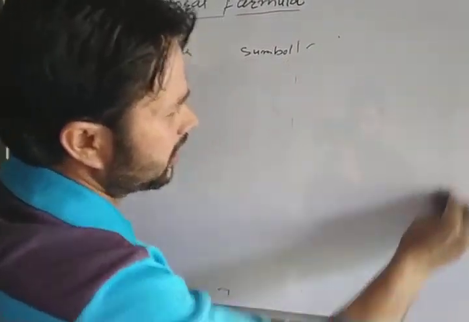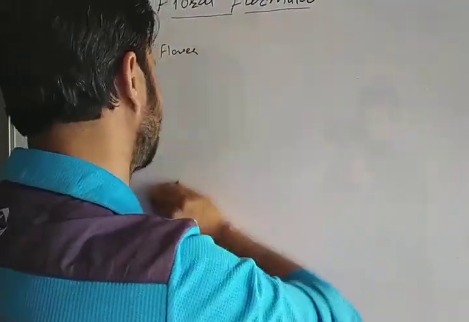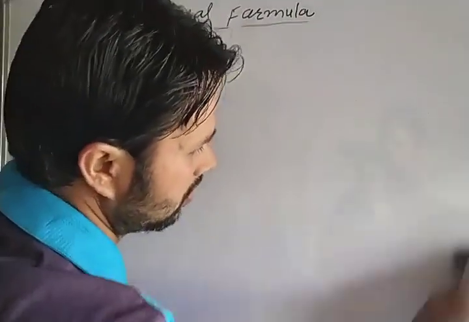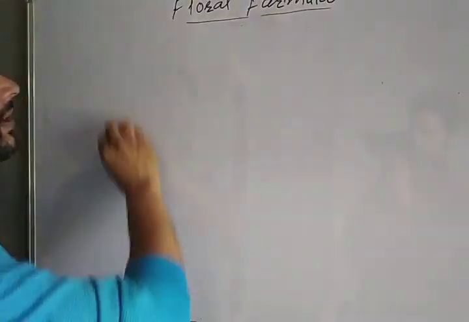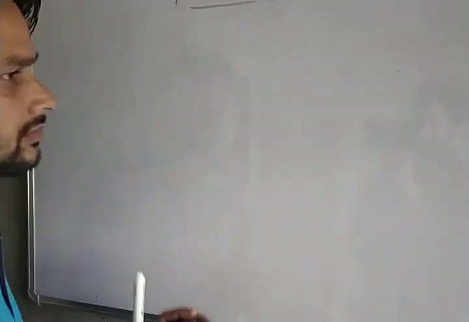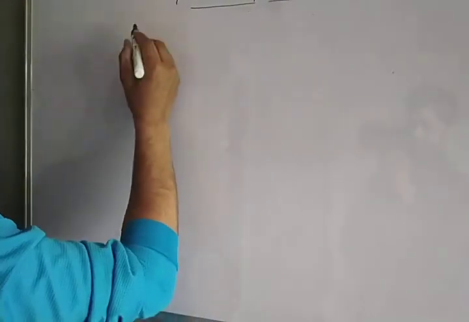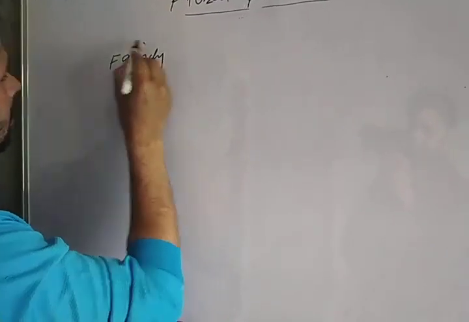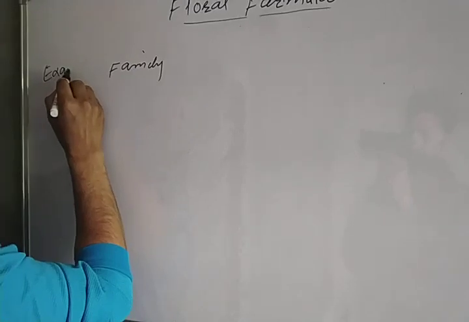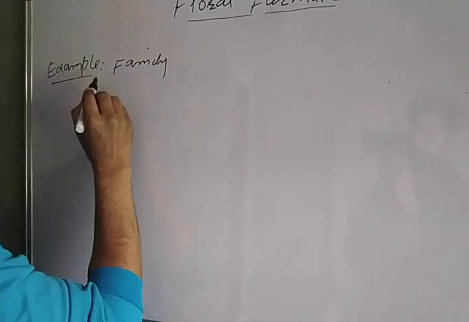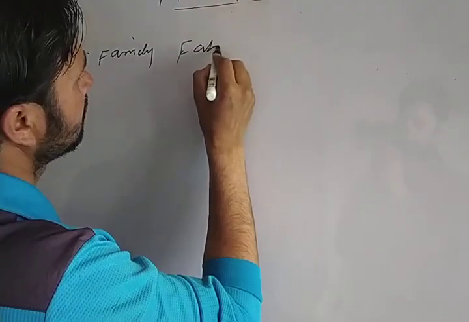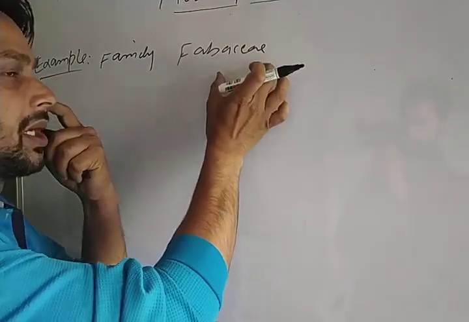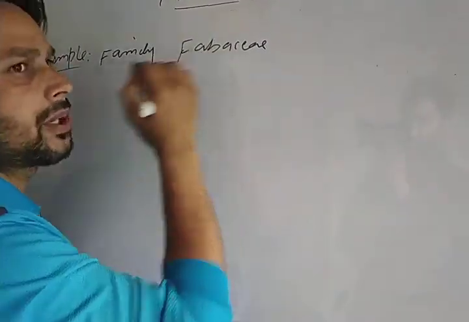Now, if we take an example of family Fabaceae. Family Fabaceae is also known as the Papilionaceae family, and there are so many examples of this family.